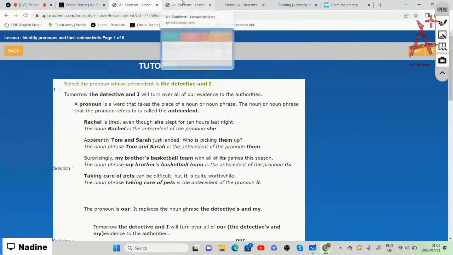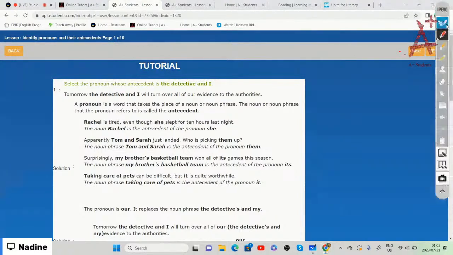And the noun or the noun phrase that the pronoun refers to is called an antecedent. Remember, a pronoun is a word that takes the place of a noun or a noun phrase, and the noun or noun phrase it refers to, we call that the antecedent.